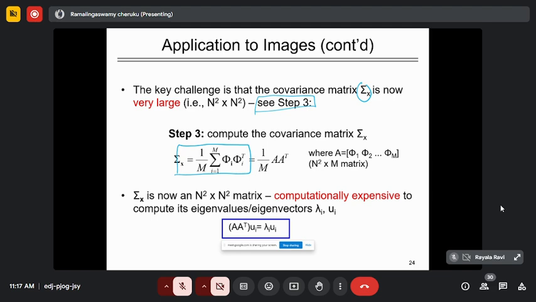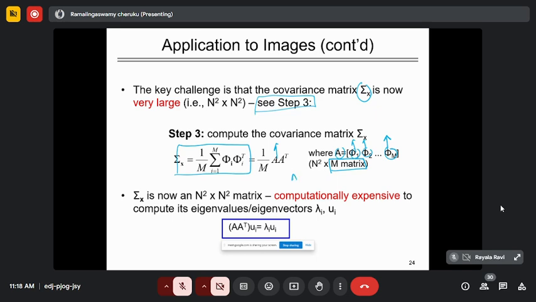I am slightly modifying this with a matrix called A, where A is phi 1, phi 2, up to phi m, where m is the number of images. For every image, we are finding the phi.